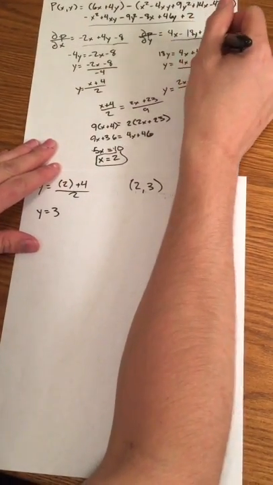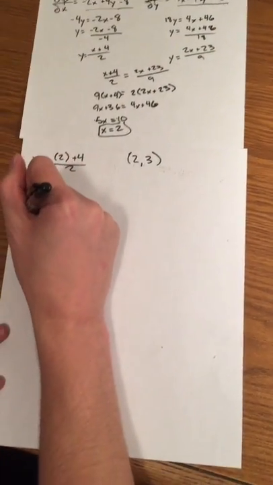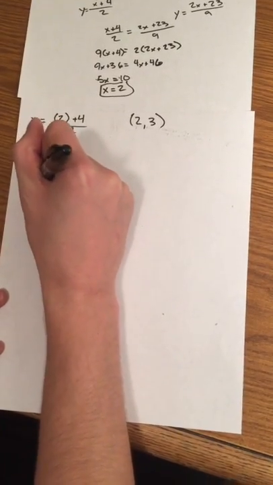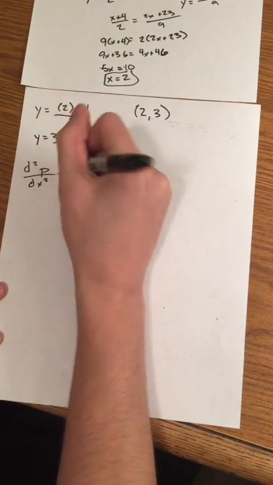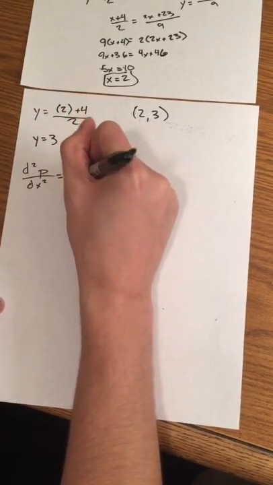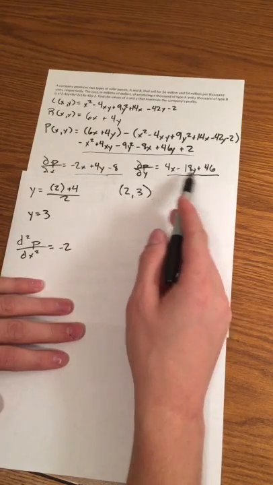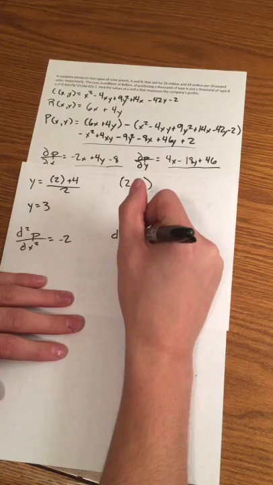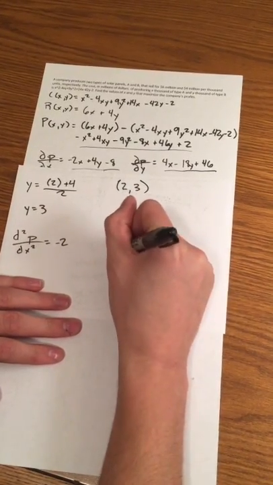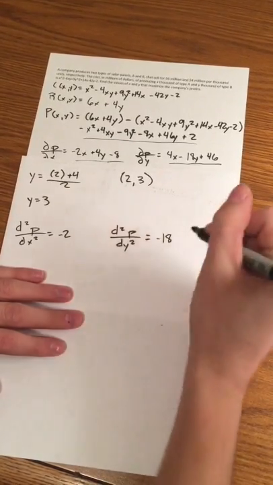Then we have our first derivative of y as well. So our second derivative of x squared is just going to be negative 2. Our second derivative of y, if we look at this, we're just going to look for our y's. Our only y is on the negative 18, so our second derivative of y ends up being negative 18.